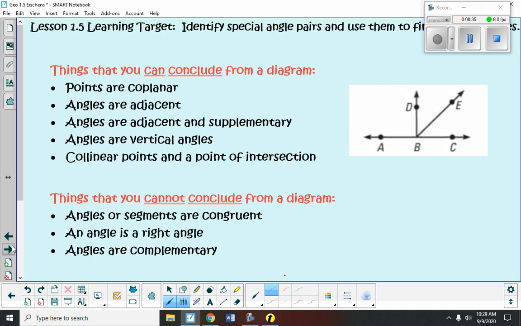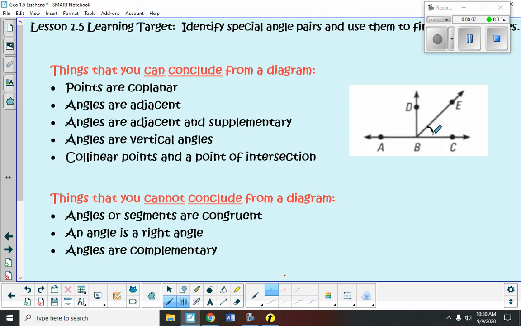All right, something else you need to understand in geometry is there are things that you can conclude when you look at a diagram, and there are things that you cannot assume. Let's start with the first one. Points are coplanar. So when you look at this diagram, points A, B, C, D, E are all on the same plane. There's nothing three-dimensional about this figure, so assume they're all coplanar. You can assume that angles are adjacent when they share a side.